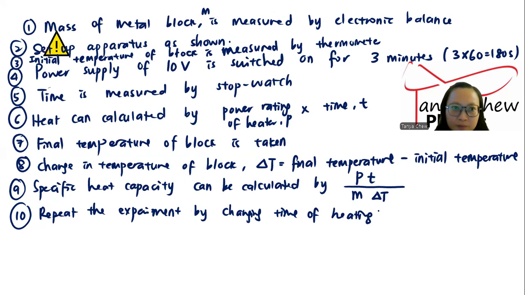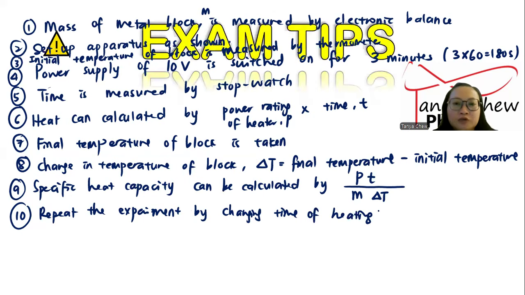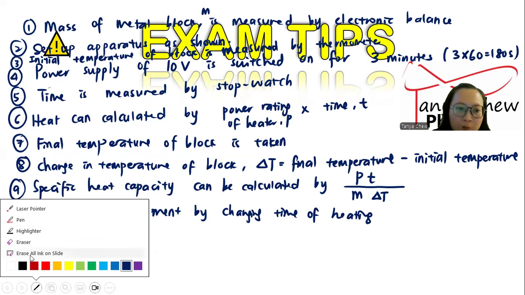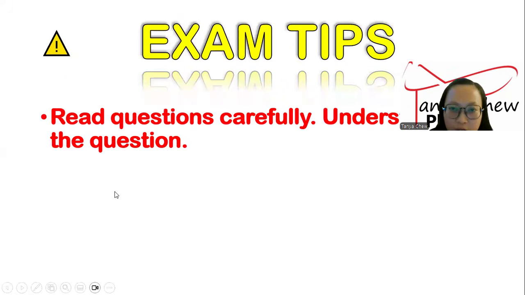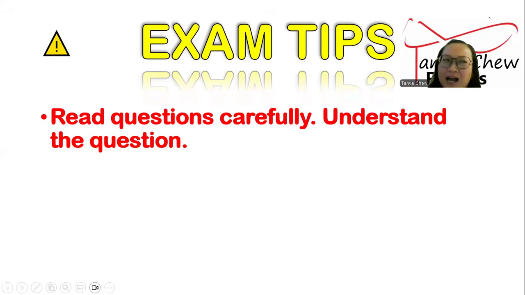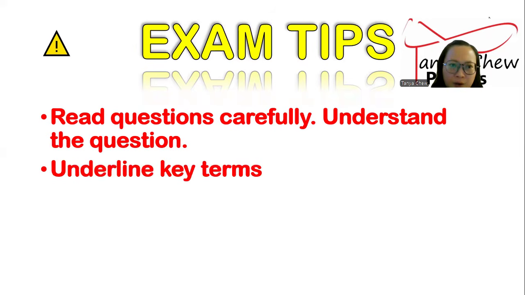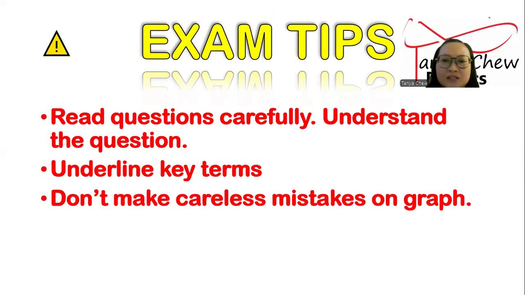That's it, right? Finally, I want you to remember one thing here before I erase everything. This is the final exam tips that I want to give you. Make sure that you read the questions carefully. Understand the question first. Don't rush to give the answer. Please underline the key terms and don't make careless mistakes on your graph because you don't have a lot of time.